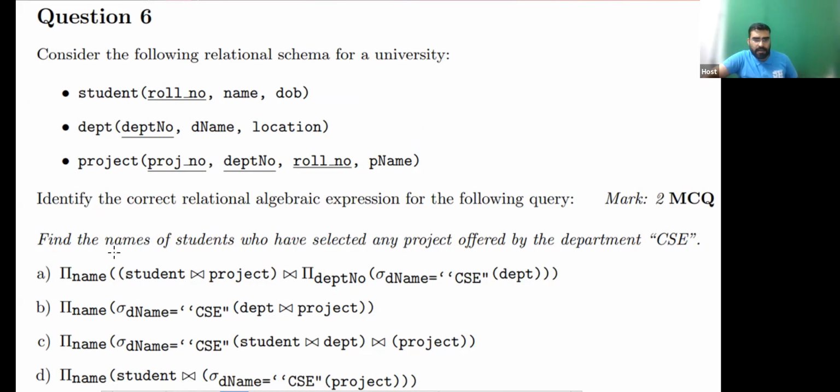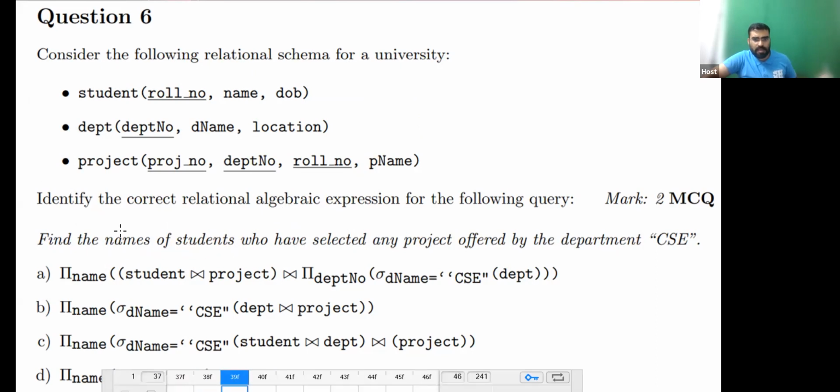See, I want the name of the student. Which table is going to give me this? This table will give me this, right? The student table. Okay. Who will give me the information on who has selected any project?